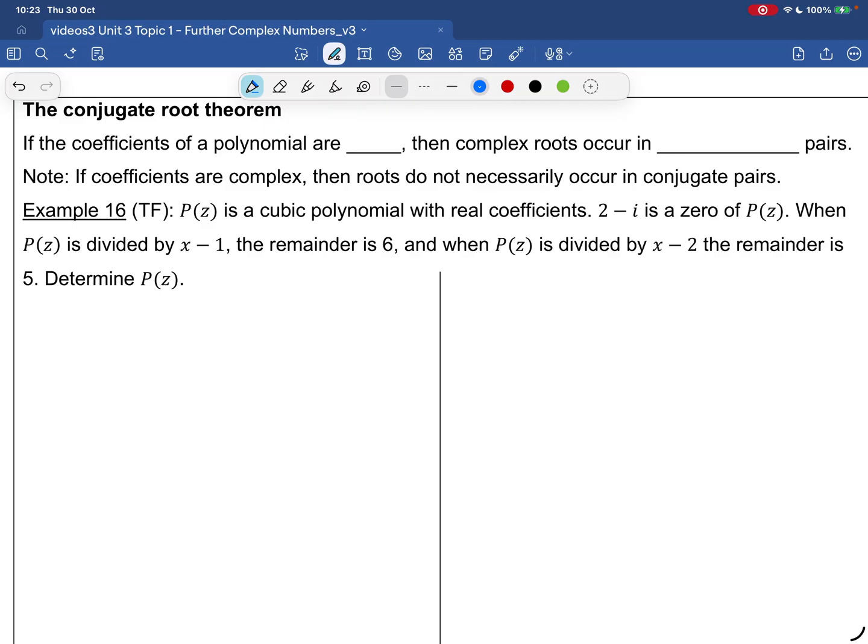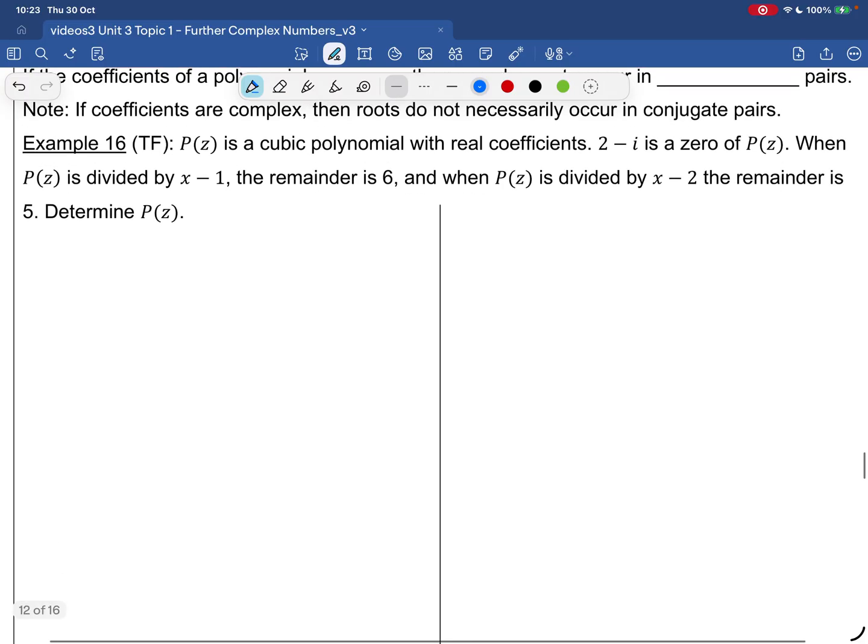And I can then find all of the unknowns using some other information, and I can write that polynomial in factorized form. It's quite a nice way of being able to do things. It gives us a few more little tricks up our sleeves.